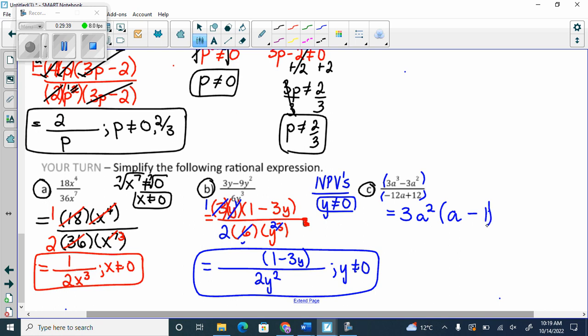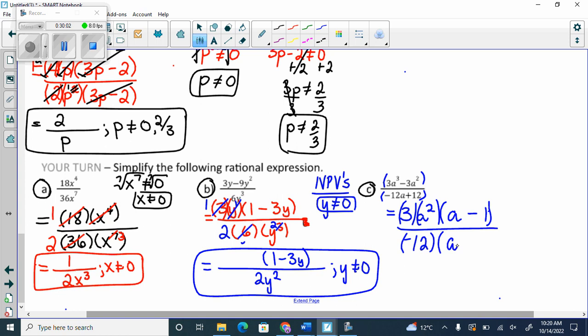And then, because this is a monomial in the front, I can put it in its own brackets. The bottom, what can I take out? I would take out a negative 12. And then what's left behind? Negative 12a. Take out a negative 12 is just a.